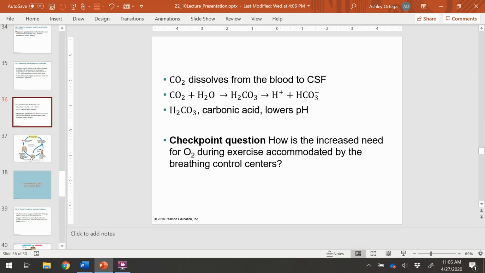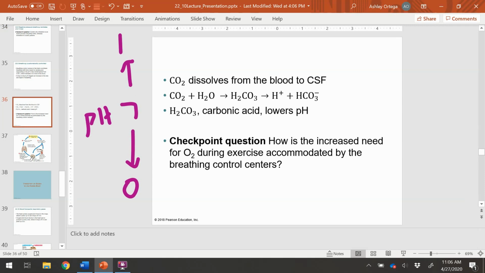And so you might also be wondering how carbon dioxide lowers pH. You remember pH from BIOL 1, a normal neutral pH is 7. Acidic pH goes anywhere from below 7 to 0, and a basic or alkaline pH goes up to 14.